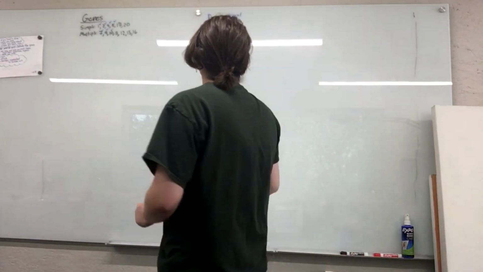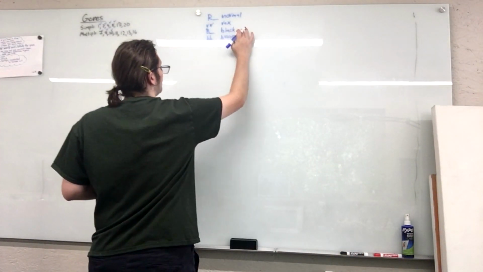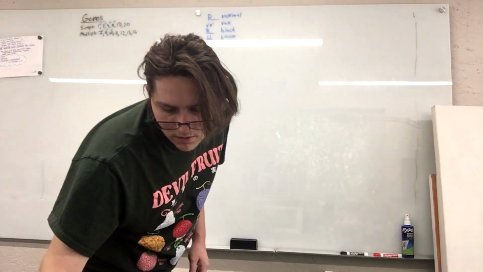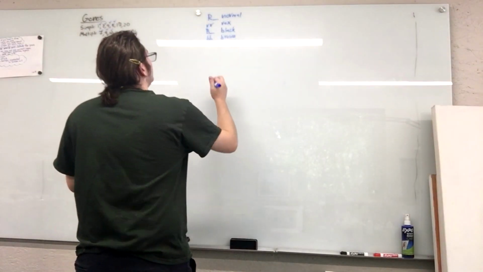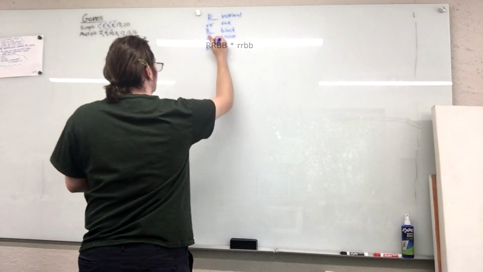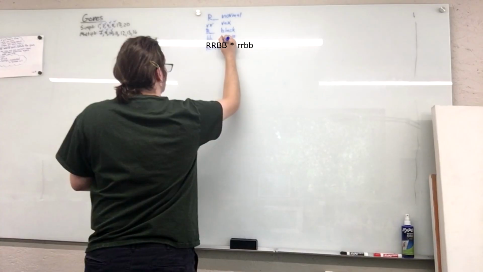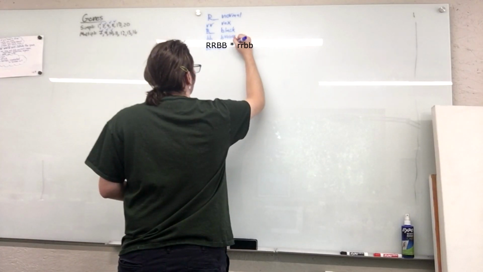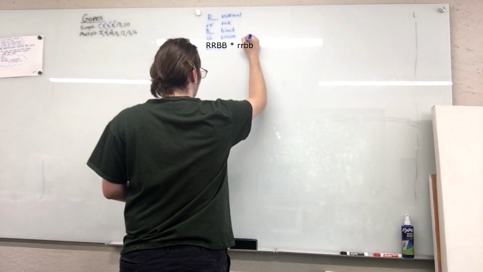Diagram a cross between a homozygous rabbit with normal length, black fur, and a Rex rabbit with brown fur. What are the phenotypic ratios resulting from this cross? Okay, so we have one that's homozygous normal black, and one that's homozygous Rex and brown. So we have a homozygous dominant individual crossing with a homozygous recessive individual.